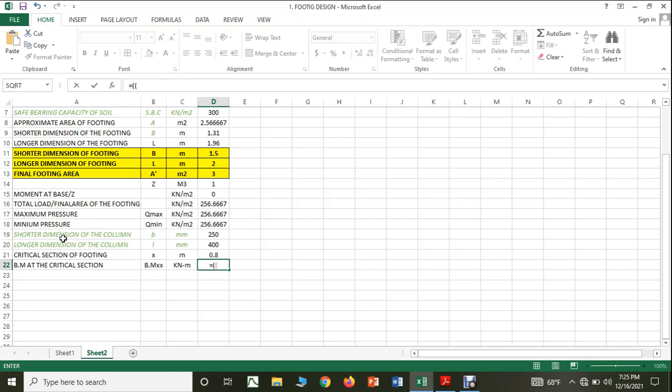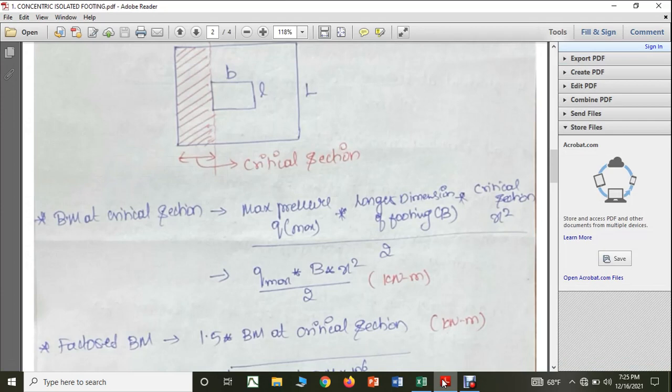I need the maximum pressure, right? You can see here maximum pressure Q max. So maximum pressure multiplied by longer dimension of the footing.